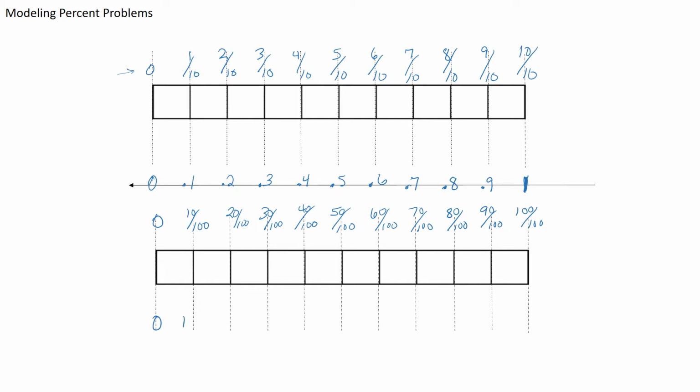This would be 10 parts out of 100, so 10 percent. 20 parts out of 100, 20 percent. 30 parts out of 100, 40, 50, and all these are percents. 60%, 70%, 80%, 90%, and 100%.